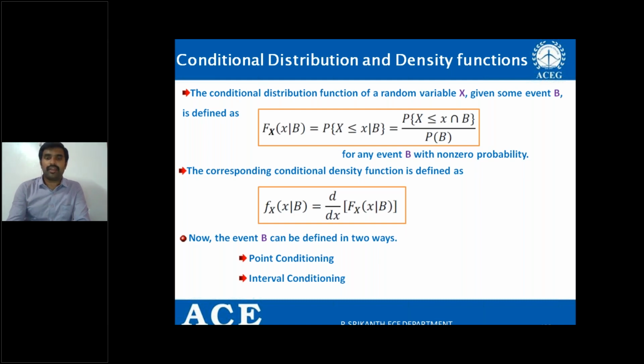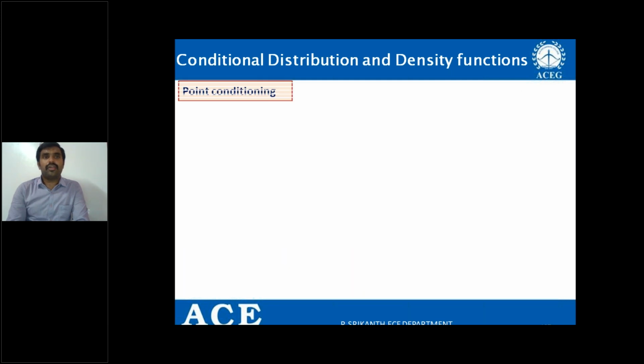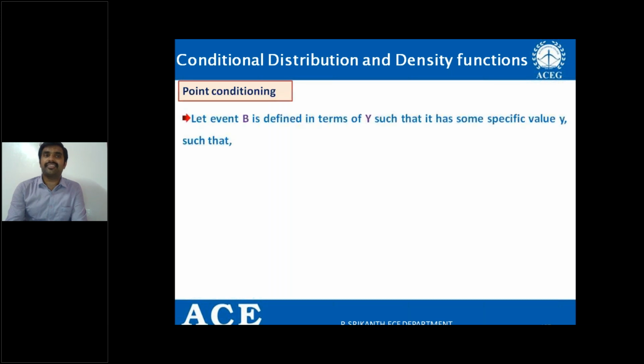First, point conditioning: the event is defined by using just a point from the random variable y. Let the event b be defined in terms of y such that it has a specific value y, such that b = {y − Δy ≤ Y ≤ y + Δy}.